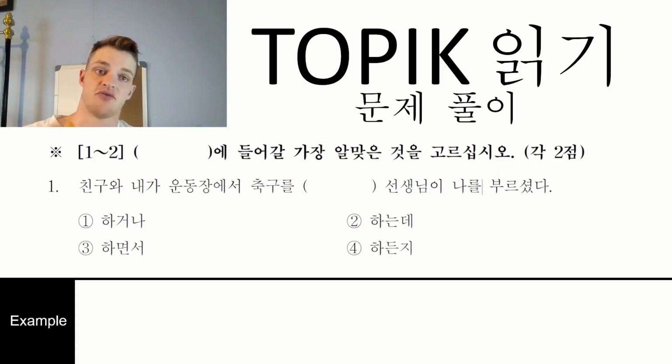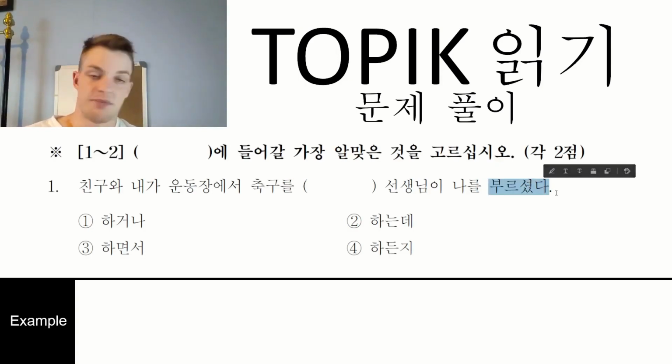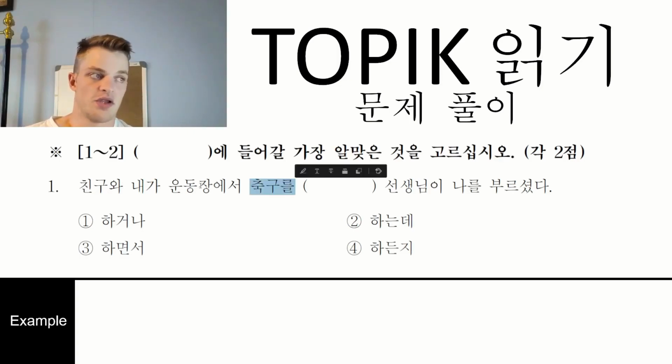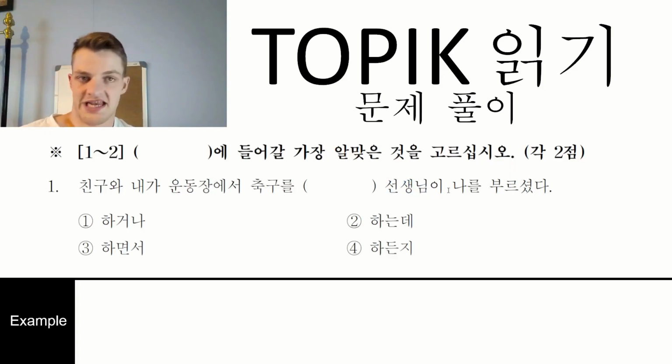So I am now receiving some sort of action, something's happening to me, and 부르셨다 is the past tense plain form, and it's also the honorific form with the 시 of 부르다, which means to call. So this whole sentence would mean my friend and I were playing soccer in the gym, then something, and the teacher called me. The teacher called my name, basically.